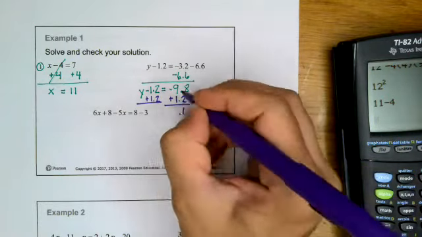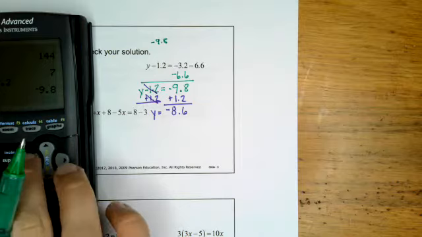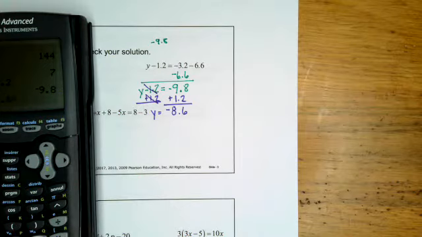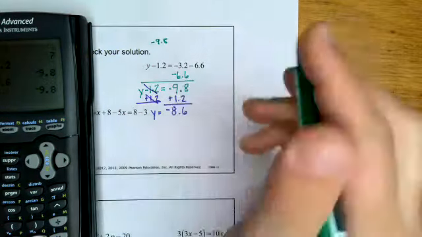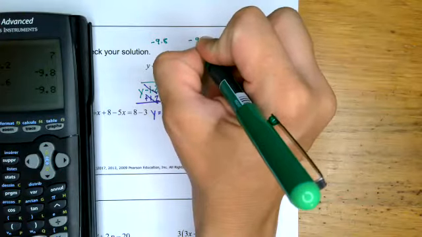I can check this. Negative 8.6 minus 1.2 is negative 9.8. Negative 3.2 minus 6.6, just like I got here, is negative 9.8.